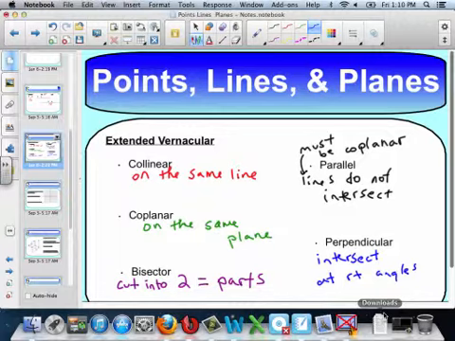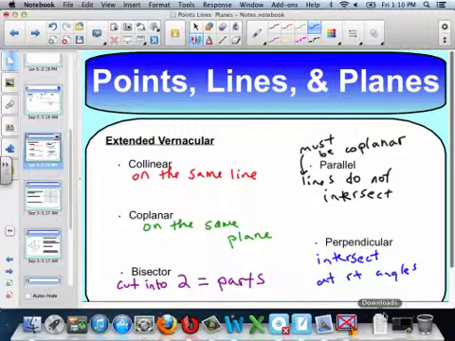Okay, guys, let's put things together here. What is a perpendicular bisector? So we can have two lines, and let's call those segments. So here's one segment, and the other one is the perpendicular bisector. First it's going to be perpendicular, so that's going to be coming down vertically. But if it's a bisector, it has to go through what?